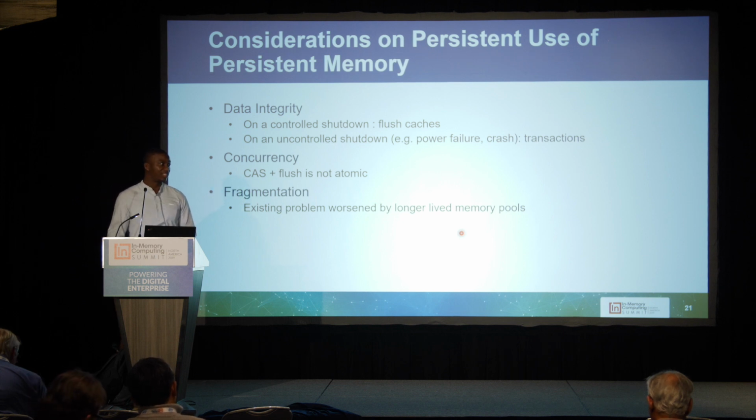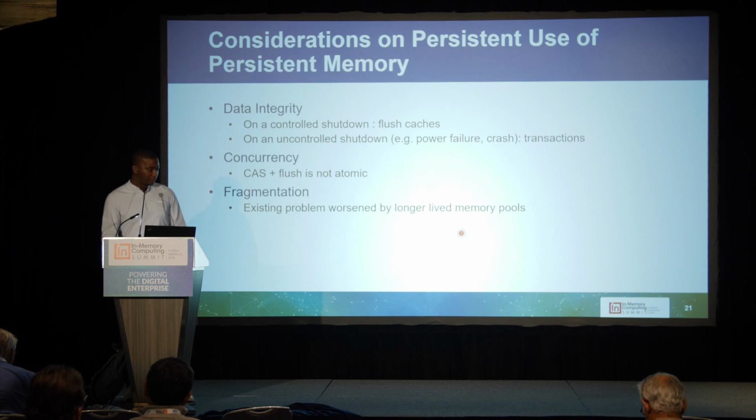You will eventually run into fragmentation, which we're probably all suffering from right now in the volatile use case, but because the processes don't usually live long enough for the problem to be that severe, we usually either shut down or the process exits. But if you have a persistent data pool, it's significant, and you need to think about this.